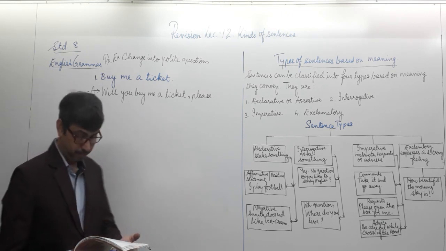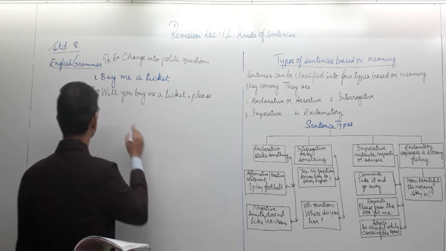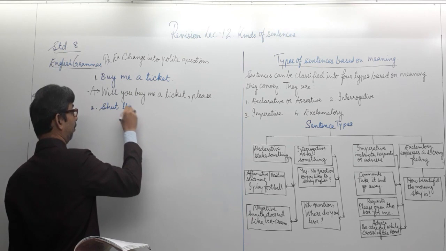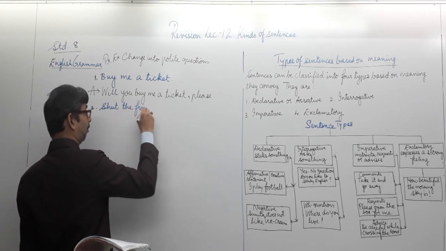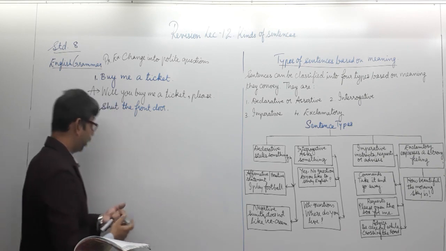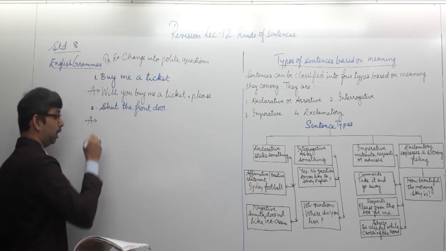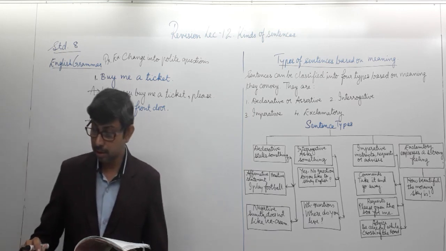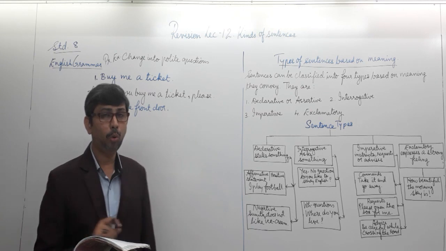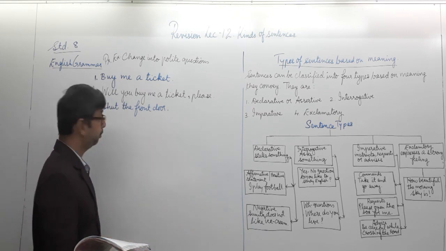Second sentence, shut the front door. Well, we can change it into a polite question by making necessary changes within it, applying the necessary words. Will you please shut the front door? Or will you shut the front door, then a comma and applying please.